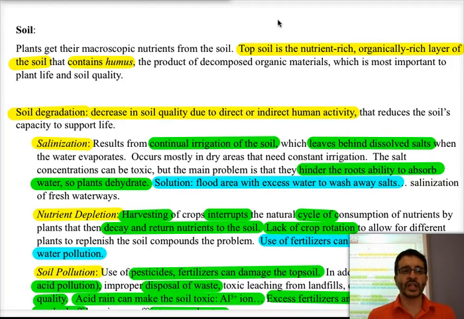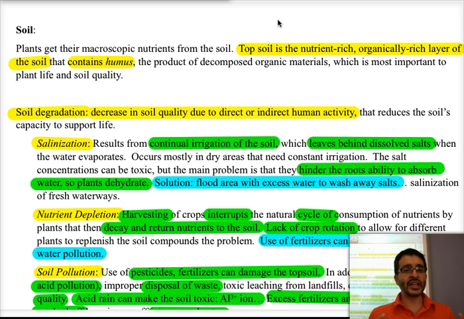We're going to talk about the last two parts of the SL material. We're going to start with soil, and soil is where plants get all of their macroscopic nutrients. We're talking about where they get their phosphorus, their nitrogen, their metal ions that they need for building all the macromolecules that they need.